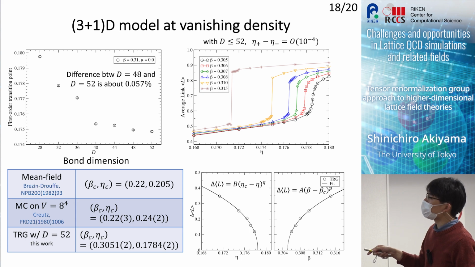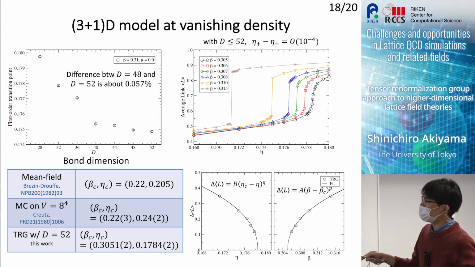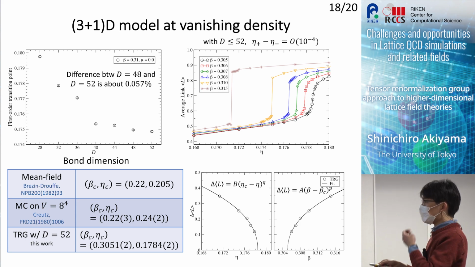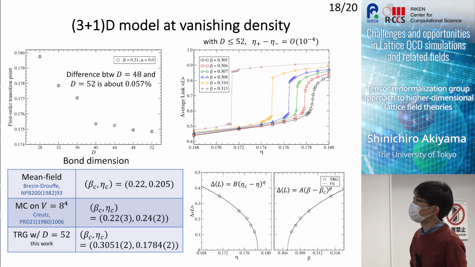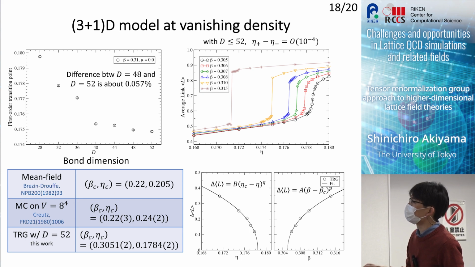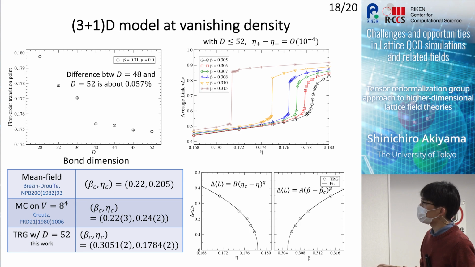But for example, the difference between these points, which are obtained at bond dimensions equal to 48 and 52, is about 0.057. So I believe that at least for the location of the first order transition point, the finite bond effect is well suppressed. And here is the result of the average link as a function of the spin-spin coupling.